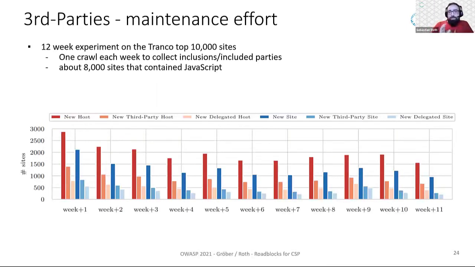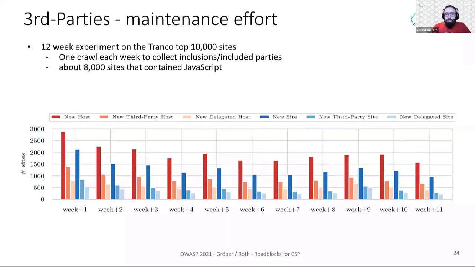In a 12-week-long experiment conducted on the Tranco top 10,000 websites, Steffens et al. issued a crawl of those websites every week to collect the included parties for each site. Of those 10,000 websites, about 8,000 actually were dynamic pages, so pages that actually contained JavaScript.